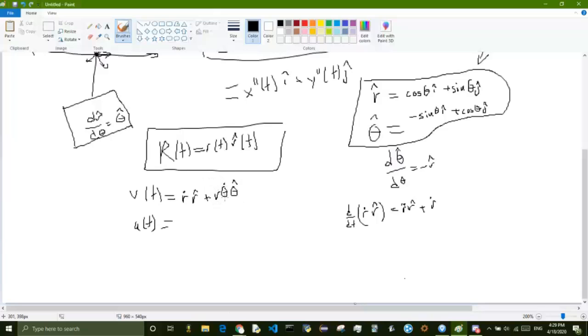It's r times theta dot, no, it's not. This extra r came from the product rule. Rather, the derivative of r hat with respect to theta is theta hat, but then we need to multiply by d theta dt, which is theta dot. Then we can freely take dr hat d theta, which is theta hat.